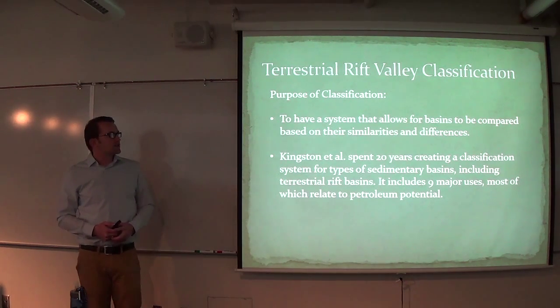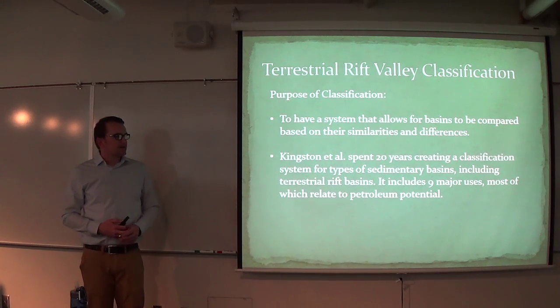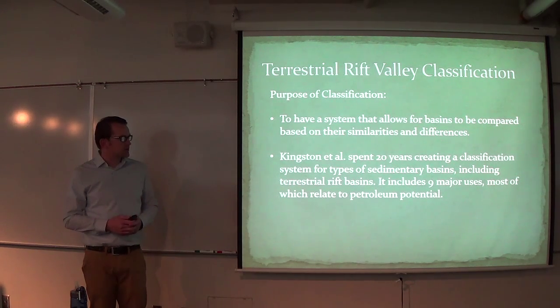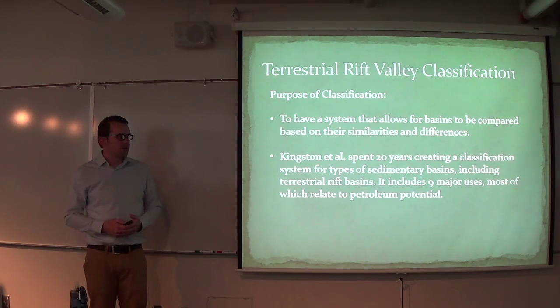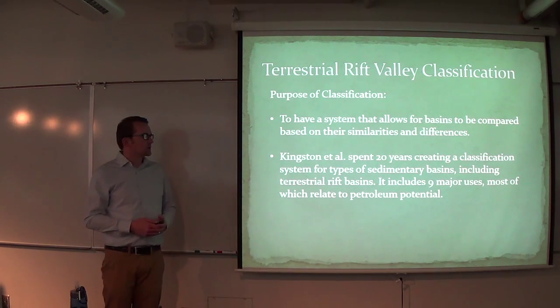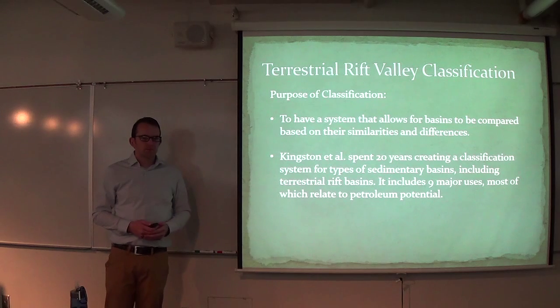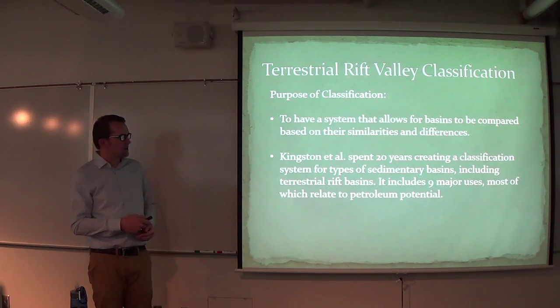Terrestrial rift valley classification is kind of a broad topic, but what I got from all my research is the idea behind classification of these types of basins is to do what you're wanting to do with any model, and that's to be able to compare them based on their similarities and differences and highlight the differences specifically.